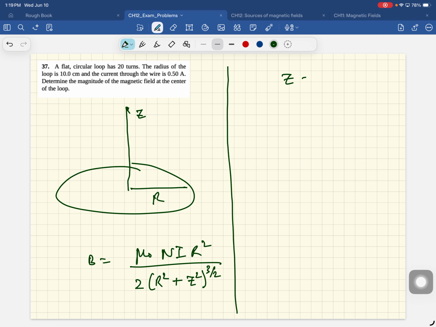R is the radius. What is Z? The distance from the midpoint. For loop 1, Z is minus d by 2. For loop 2, it's plus d by 2.